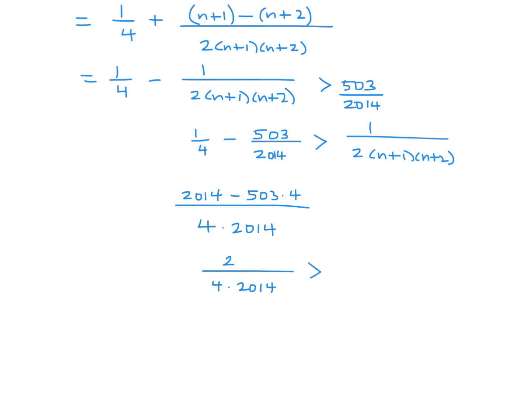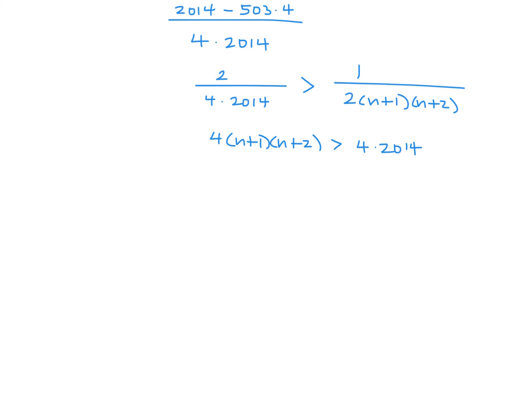Well, let me just put these in so I don't lose them. 2 over n plus 1, n plus 2. And then I guess cross multiply. So 4 times n plus 1, n plus 2 greater than 4 times 2014. Okay, we're getting somewhere. And then I guess I can factor out the 4. So n plus 1 times n plus 2 is greater than 2014.